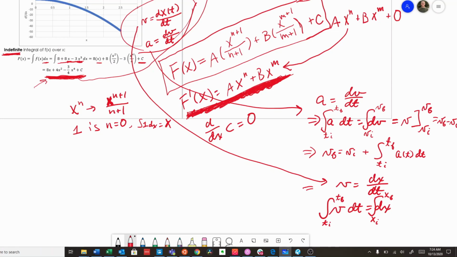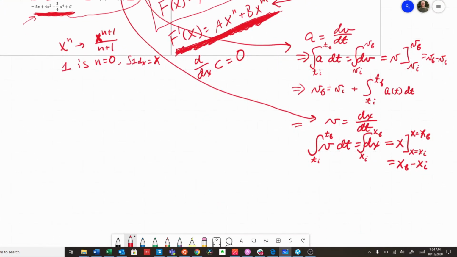On the right-hand side, again, this is the integral over 1, essentially. So the antiderivative of 1 is just x. So I have x evaluated from x equals x initial to x equals x final. Or in other words, x final minus x initial.